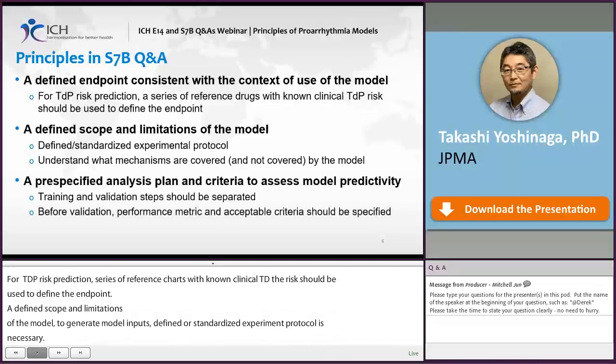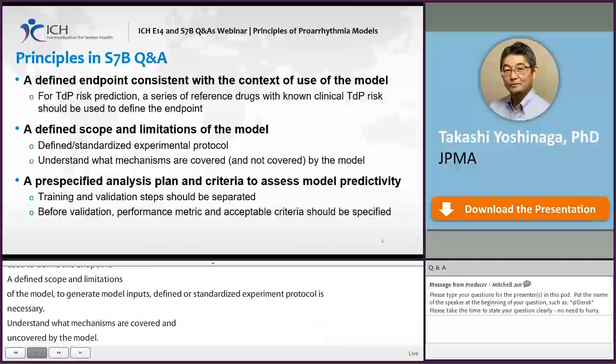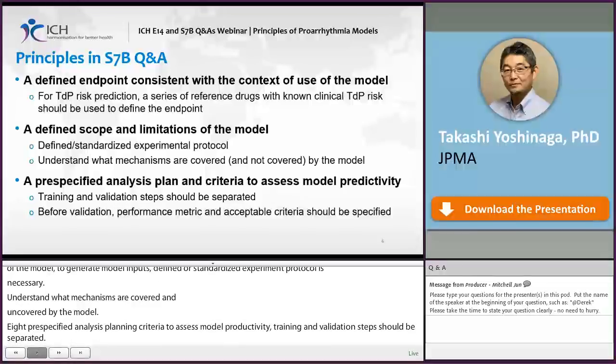A pre-specified analysis plan and criteria to assess model predictability. Training and validation steps should be separated. Before validation, performance metric and acceptable criteria should be specified.